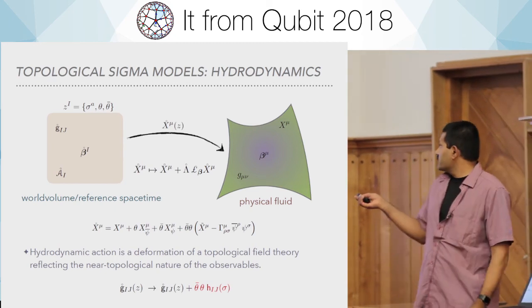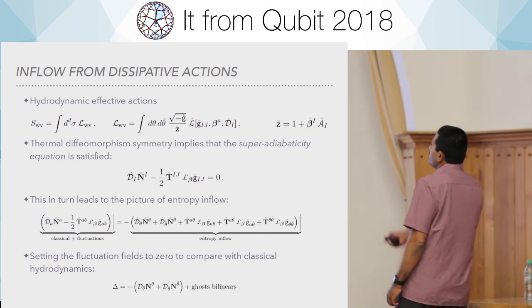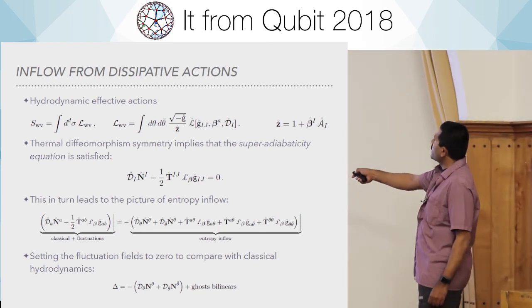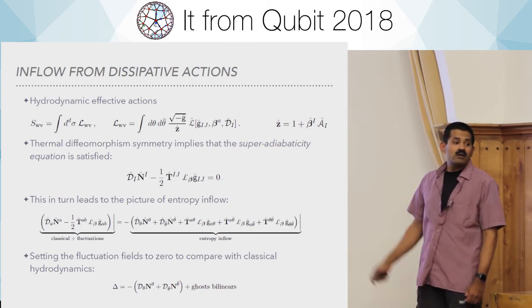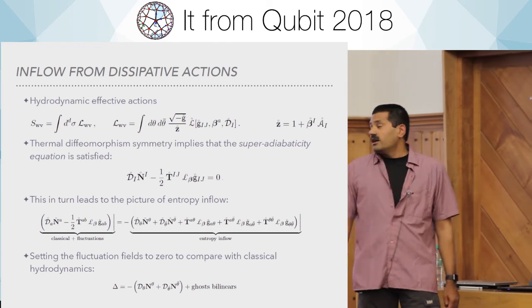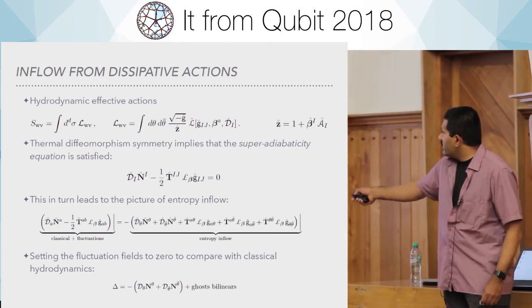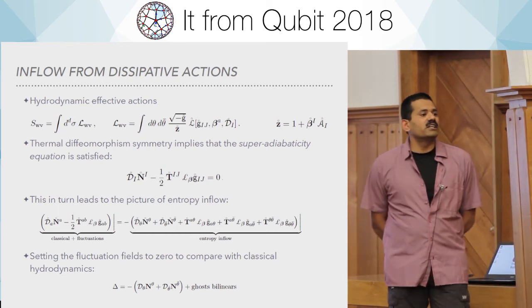Now with this data, it's very easy to write down hydrodynamic effective actions. It's basically an action involving the pullback of the space-time metric, this reference vector field, and objects built out of this universal gauge multiplier. There's an identity, because there's a gauge symmetry, which is the identity I wrote down earlier.